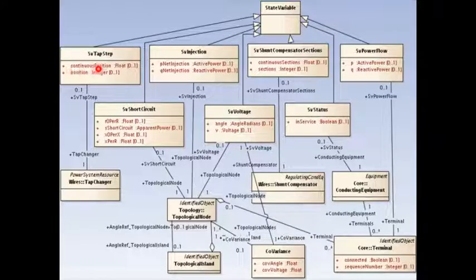Now here you might have figured out that there are various attributes which are required to be added in the classes. These attributes are nothing but the parameters which you want to collect either from the field, or maybe they are calculated or derived using various algorithms. So for example, in the state variable voltage, we need voltage magnitude as well as angle.